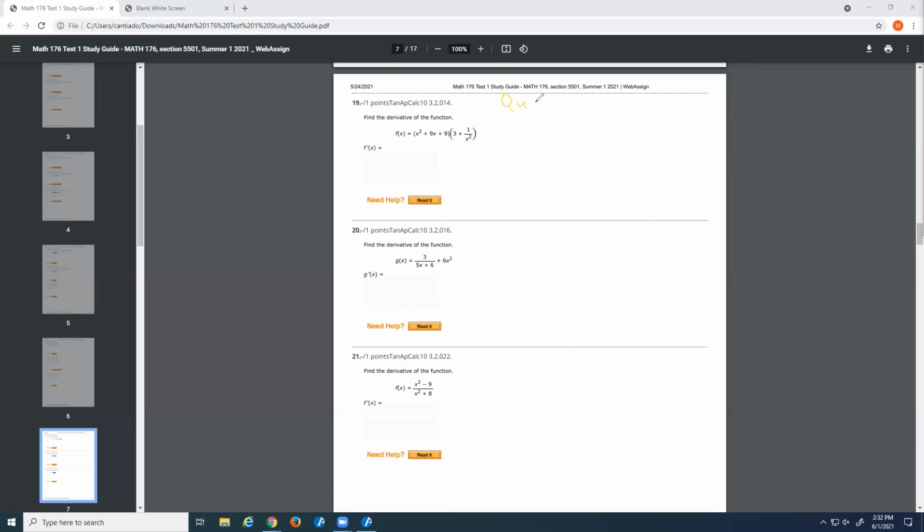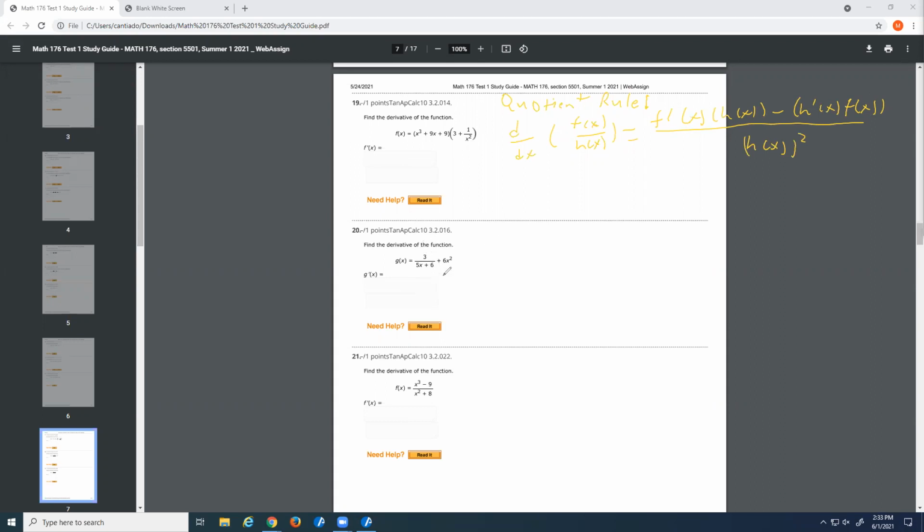So the quotient rule states, if we want to take the derivative of f of x over, I'll put h of x this time because we have g of x in our original here, this is going to be the derivative of the top function times the bottom function minus, this is what's different from the product rule, minus the derivative of the bottom function times the original top function all over the bottom function squared, like that.